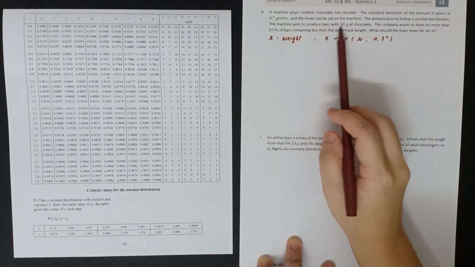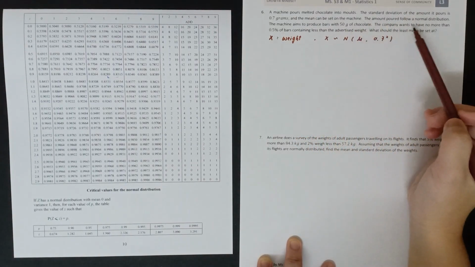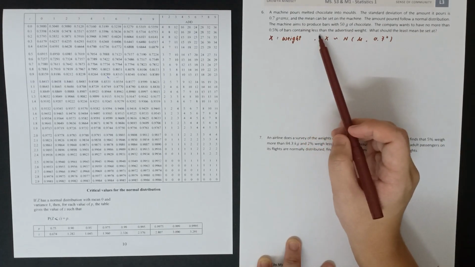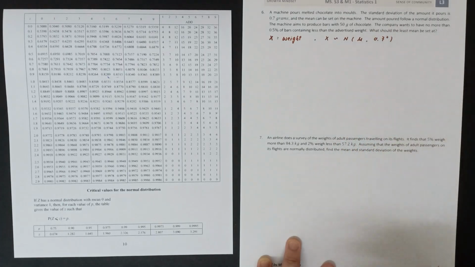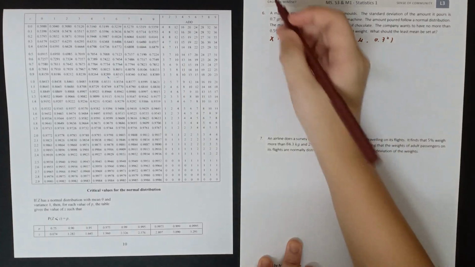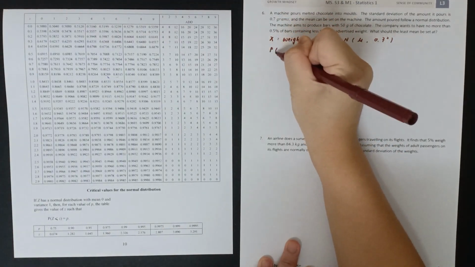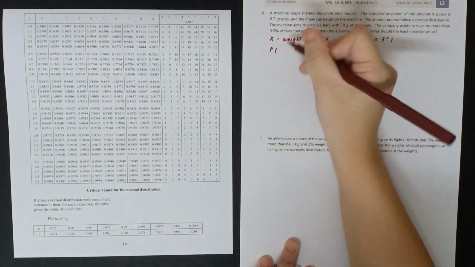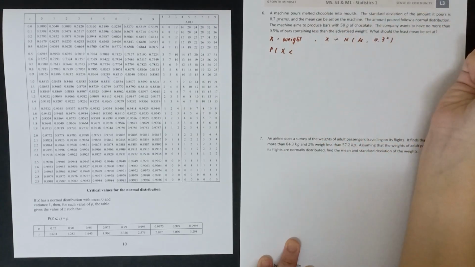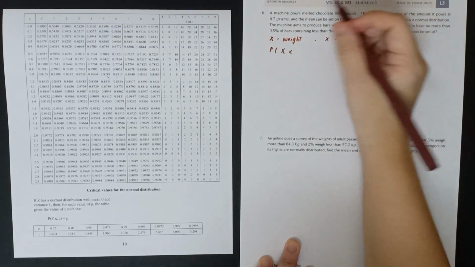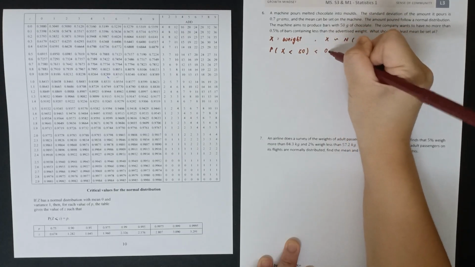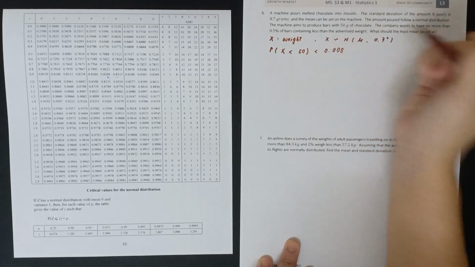They want to produce a bar of 50 grams of chocolate, and they want to have no more than 0.5% of the bars containing less than the advertised weight. So meaning the probability for you to get a bar with a weight less than 50 grams is not more than 0.5%, which is 0.005.